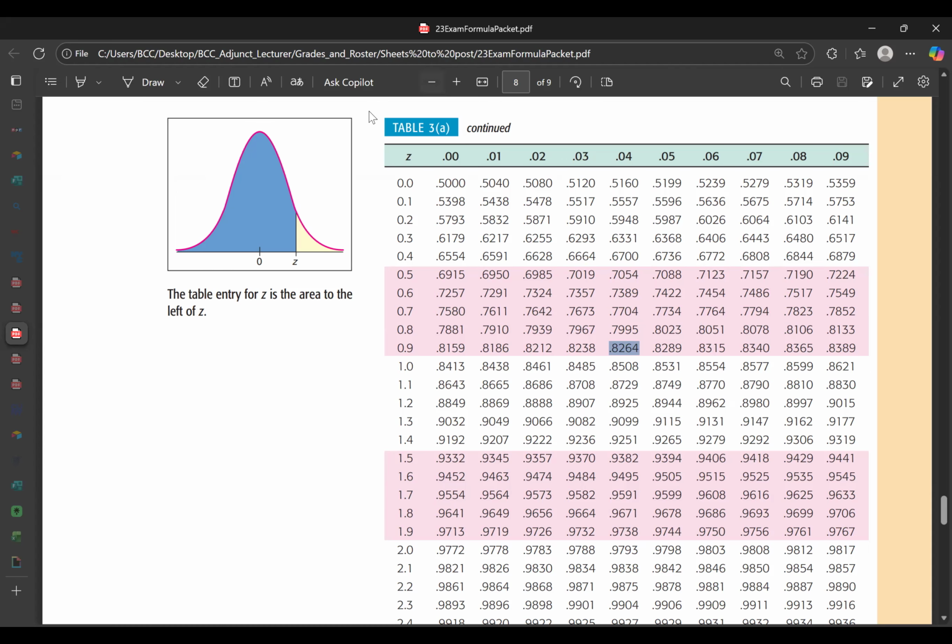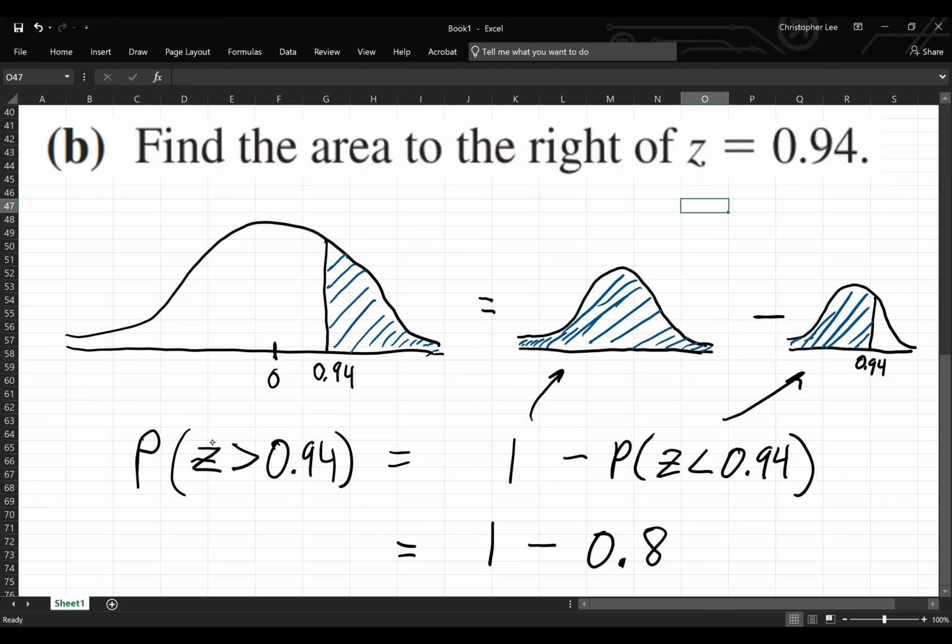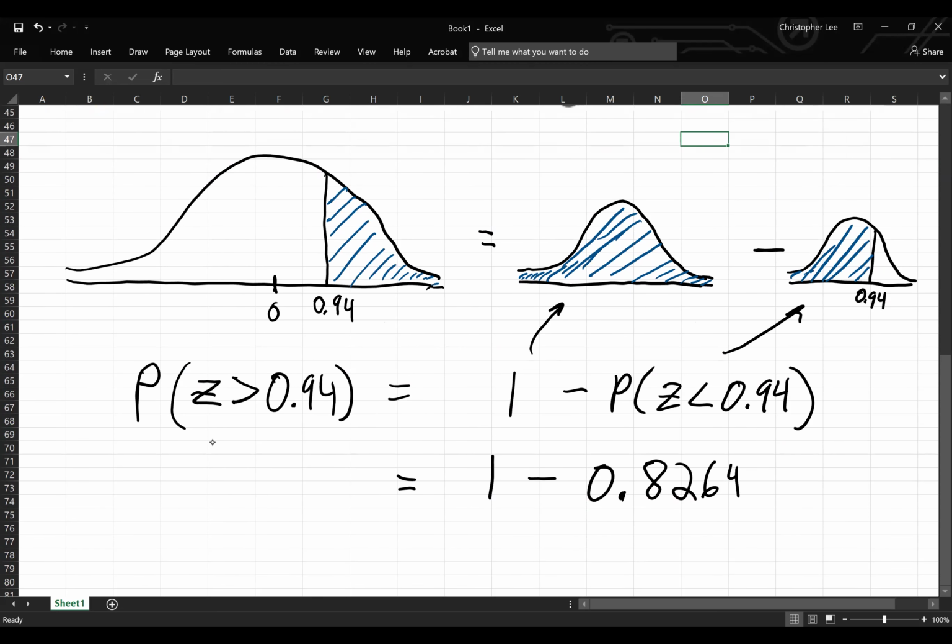But what's the final answer? Let me switch back. 8264. Let me write that in real quick. All right, let me catch up with y'all. So then this would be 0.1736.